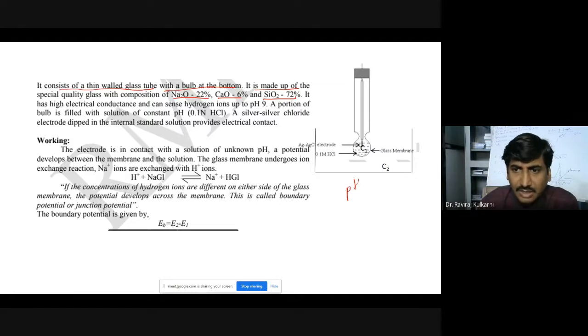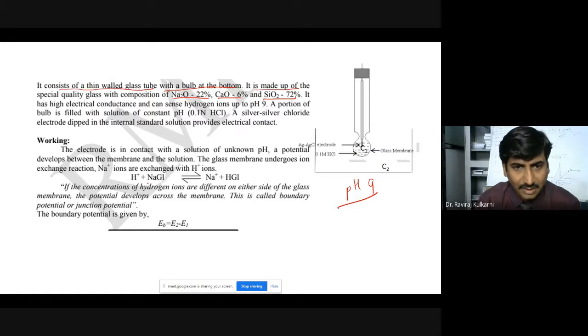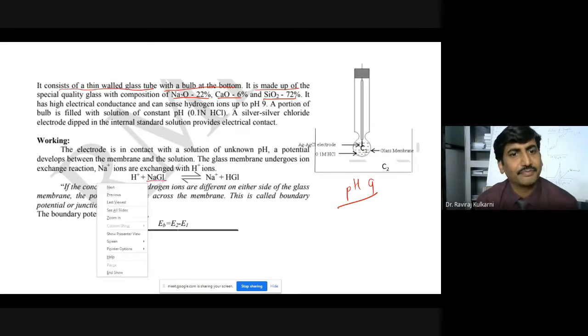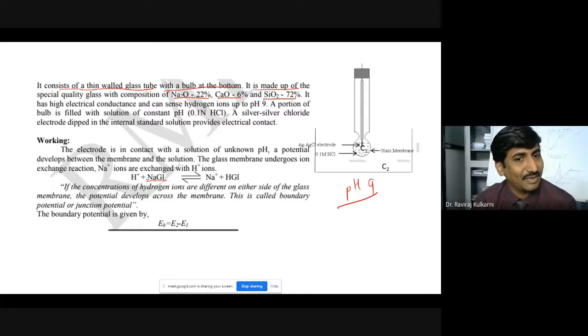You may ask me a question, why am I writing up to pH 9 it detects accurately? Because see what it contains. Glass electrode contains sodium ions, right? So when the pH is above 9, whether it is alkaline or acidic?